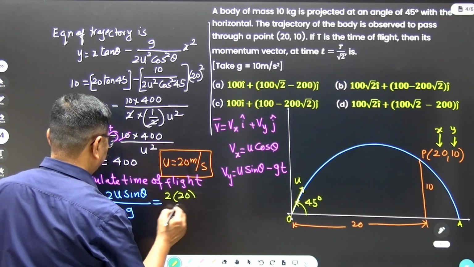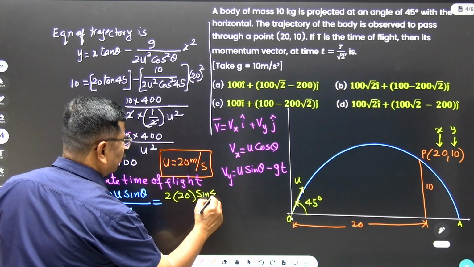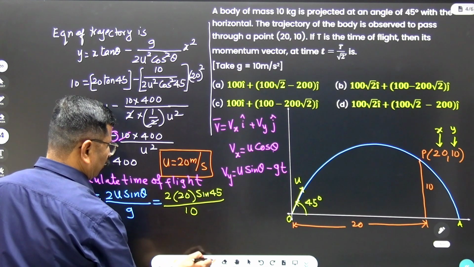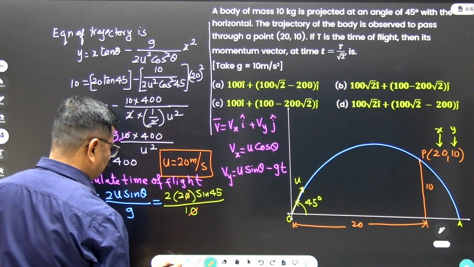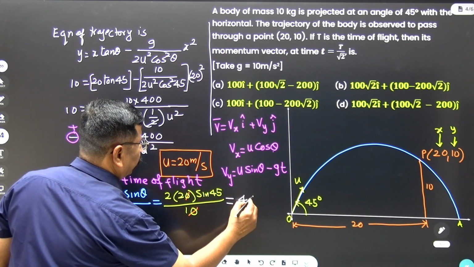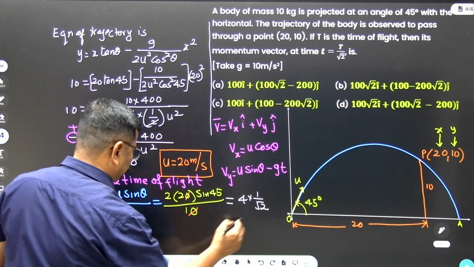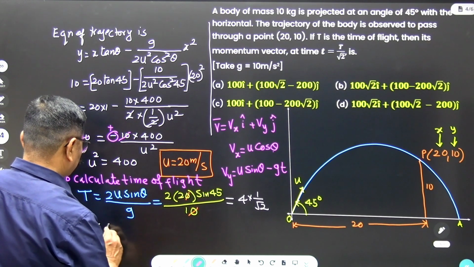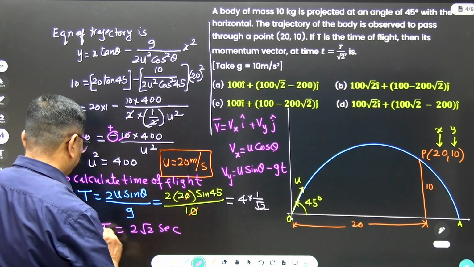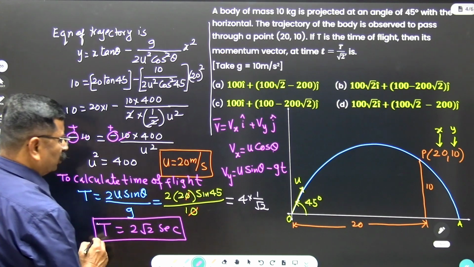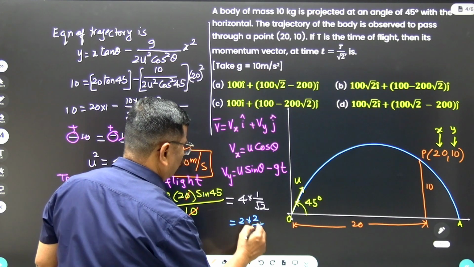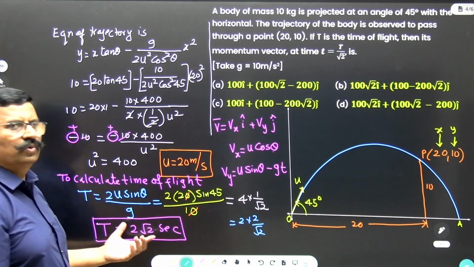That is 20. Sine 45 degrees divided by g is 10. So this 10 will cancel with this 20, and we will get 4 into 1 by root 2. Hence capital T is 2 root 2 seconds, because this 4 can be written as 2 into 2 divided by root 2. You rationalize this, you get 2 root 2 seconds.